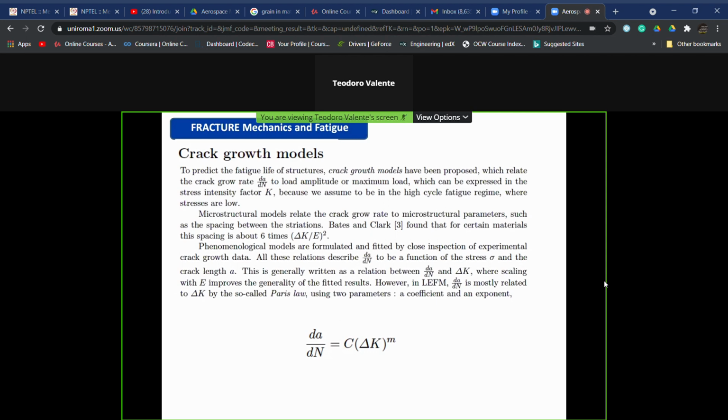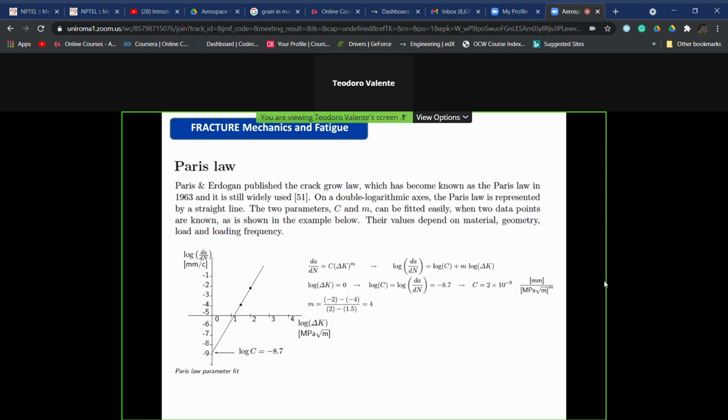That is, if the minimum value of the applied stress on the fatigue cycle is lower than 0, we need to use 0 as a value. That means that the minimum value of the stress intensity factor, when the minimum stress is a compressive stress, becomes 0.